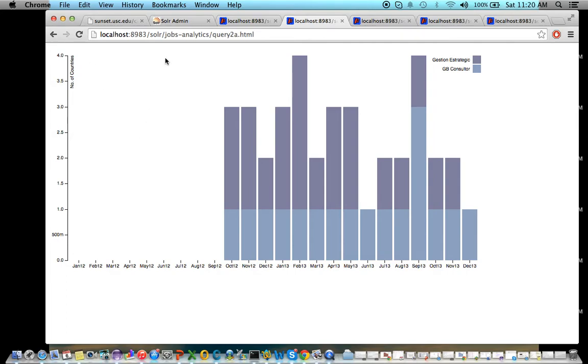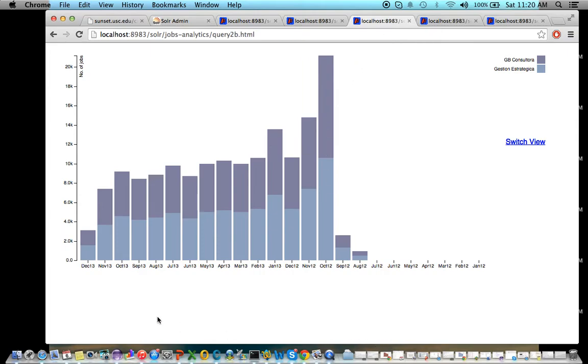For the second part, let's view query 2b. We have used stacked column graphs by D3 to answer this query as well. The y-axis represents the number of jobs and the x-axis represents the time period. The stacks represent the various companies. When we hover over the stacks, we can see the number of jobs in different domains.